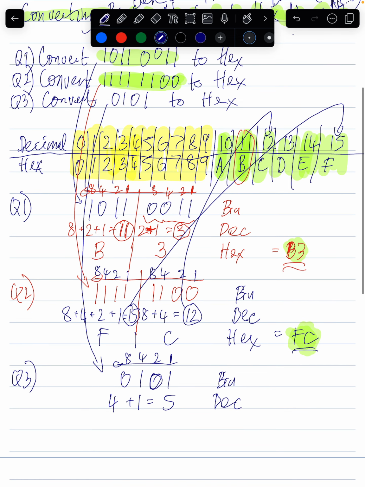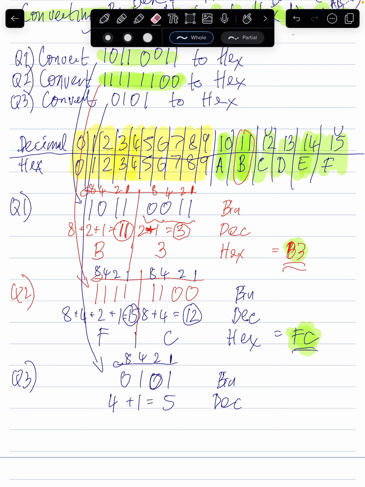Now we can use our table, and 5, because it's below 10, is going to be the same in hex. And that's our answer. So 0101 in binary is just 5 in hex.